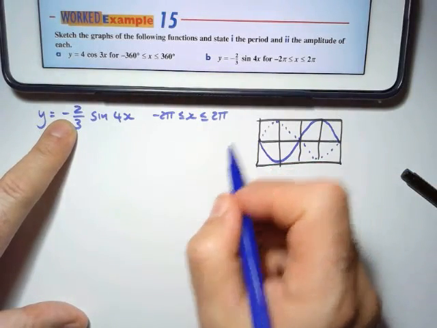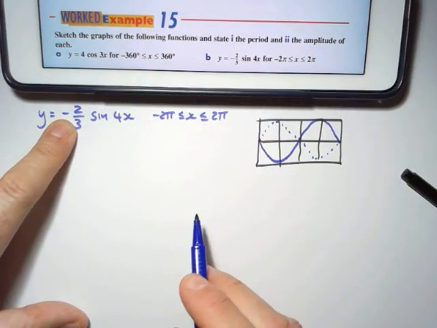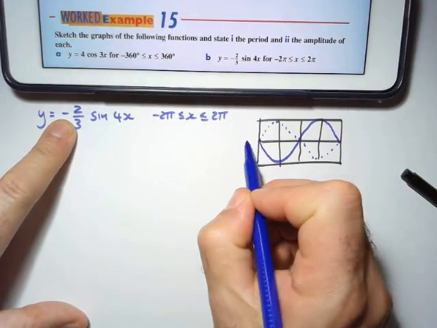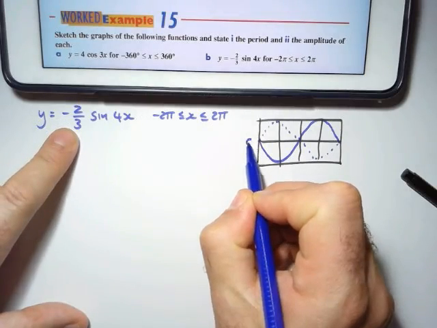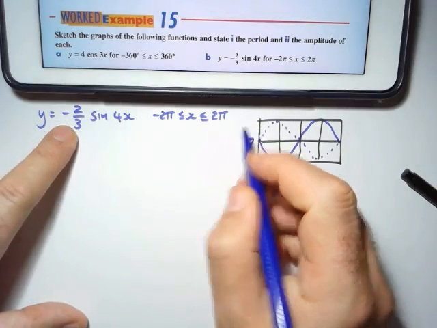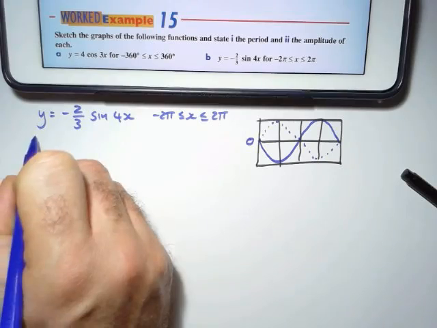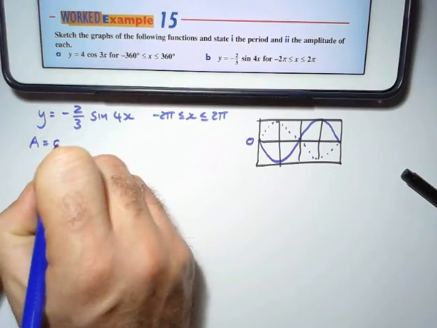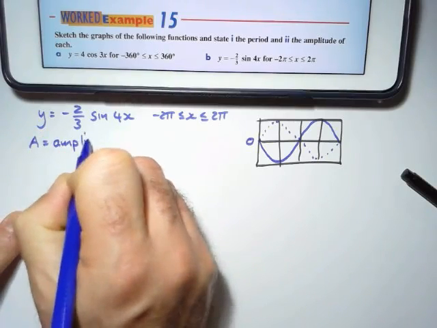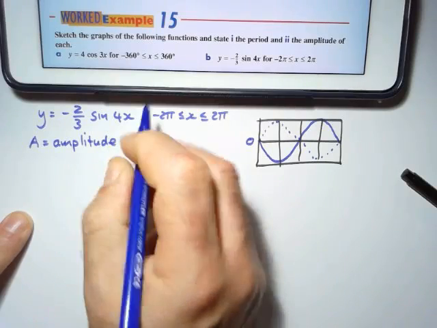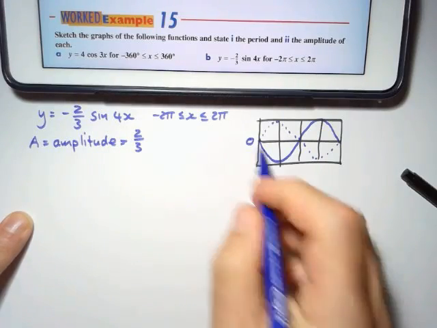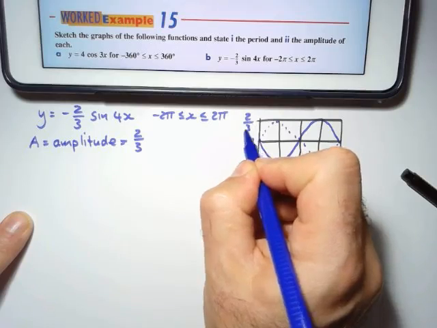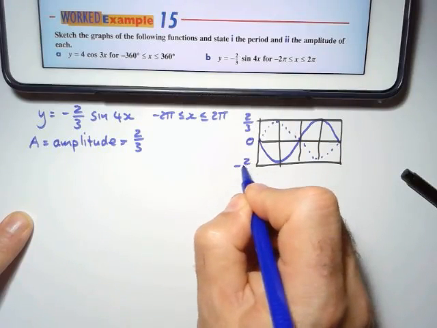All I need to know now is what the values of all of this are. First of all is my amplitude. I know that this is 0, and the amplitude I have to state, so I'm going to say A equals the amplitude, and the amplitude equals 2 over 3, which means this is 2 over 3, and this is negative 2 over 3.